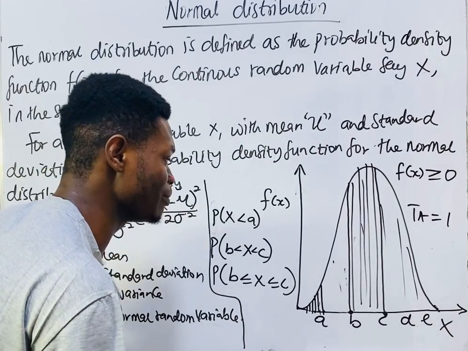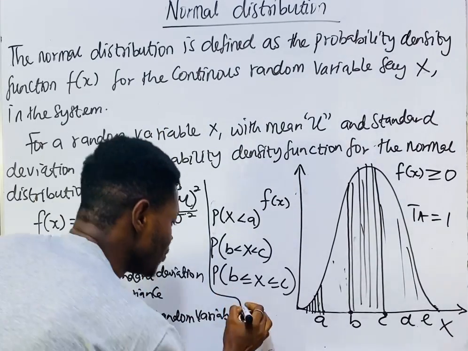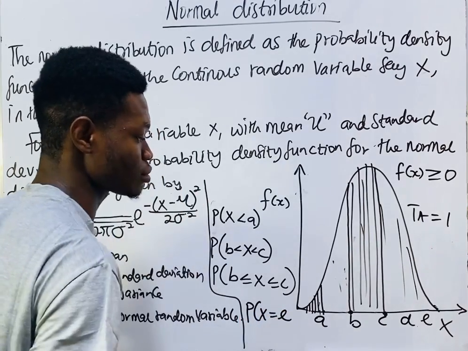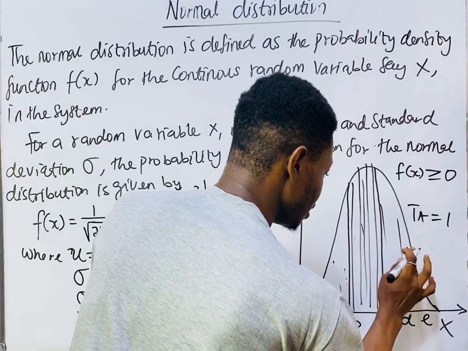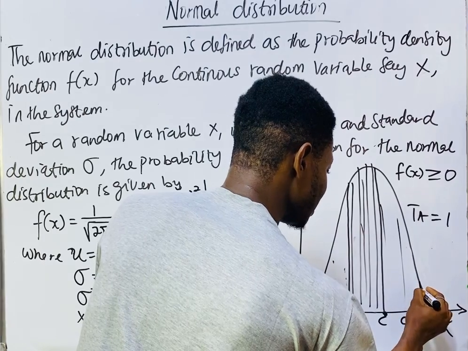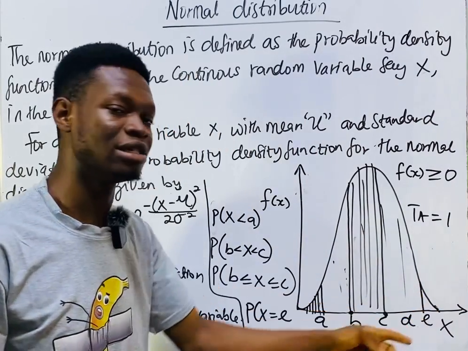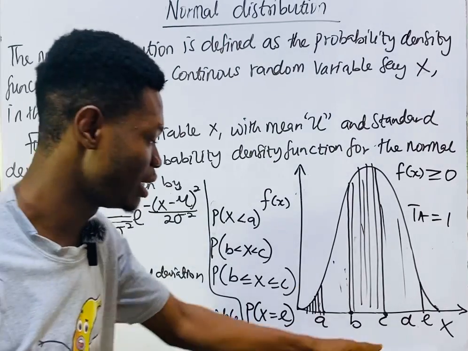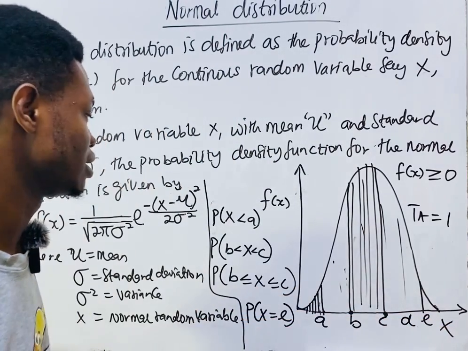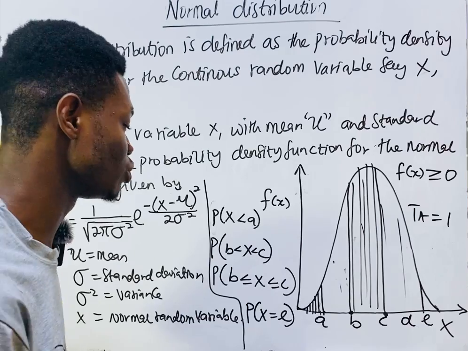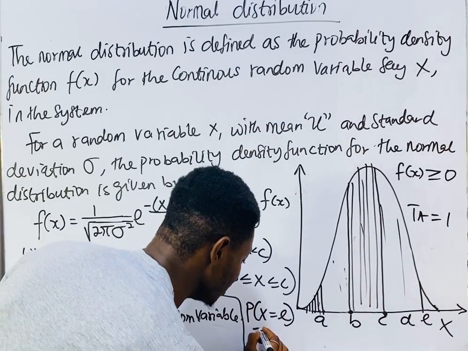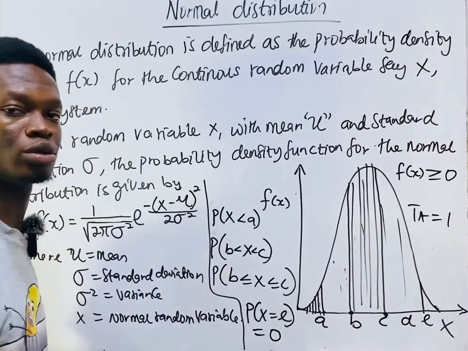Now, if you want to find the probability that X is equal to E, see E here, as you can see, X does not have a range. It only has height. So the probability that X is equal to E is equal to 0.